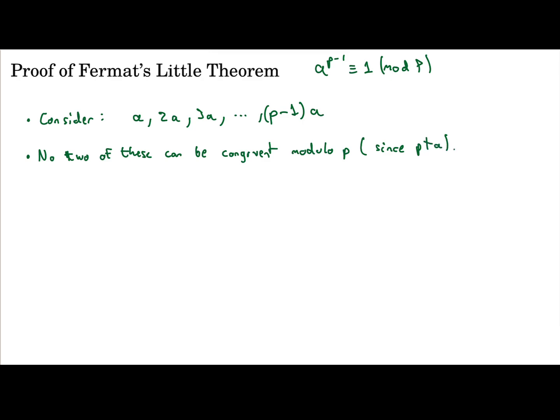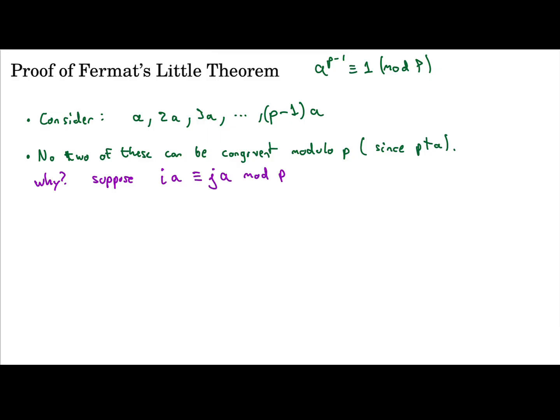Now, why is this the case? Suppose that two of them are congruent. So suppose, for example, that i times a is congruent to j times a mod p.